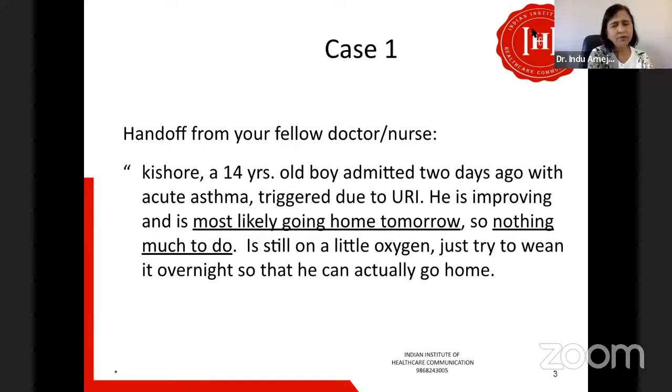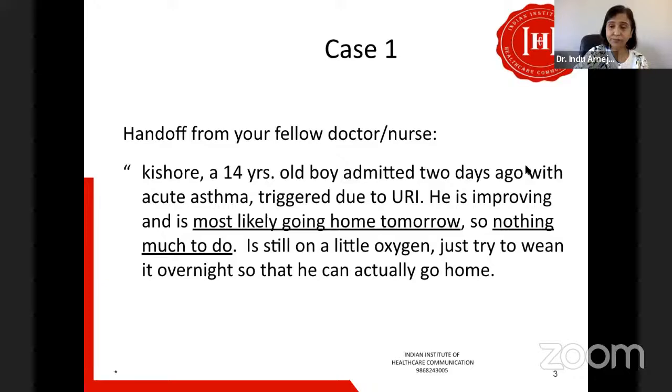After you have read this, what is one message that you think is going to stay with the person who is taking over? Nothing much to do. Yes, so true.